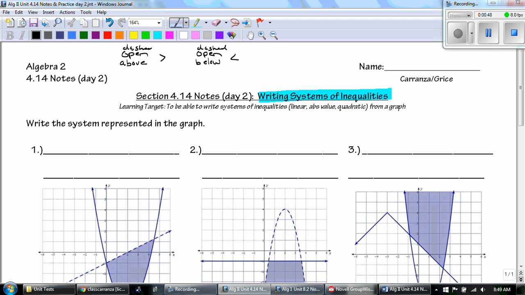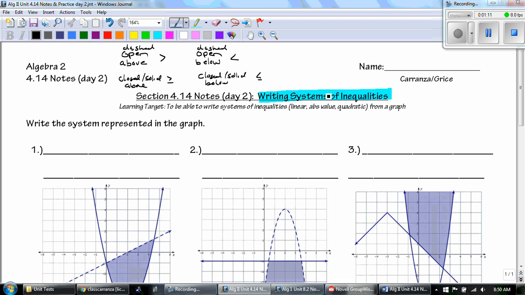But then if we have a closed, solid, and shade above, it is the greater than or equal to. And then closed, solid, and below, less than or equal to.